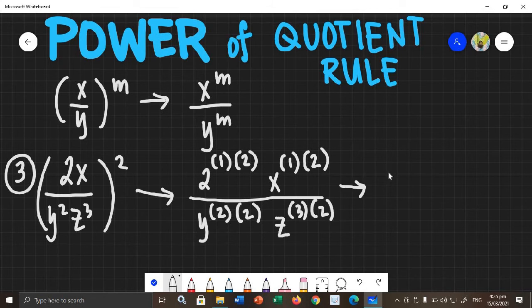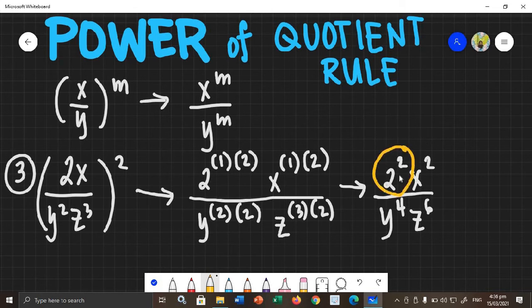Simplifying this expression, we have 2 raised to 1 times 2, that is equal to 2. X raised to 1 times 2, that is equal to 2. Over y raised to 2 times 2, that is equal to 4. Z raised to 3 times 2, that is equal to 6. Okay, now here, kung napapansin nyo, it can be simplified pa by simplifying this expression, see 2 raised to the second power.